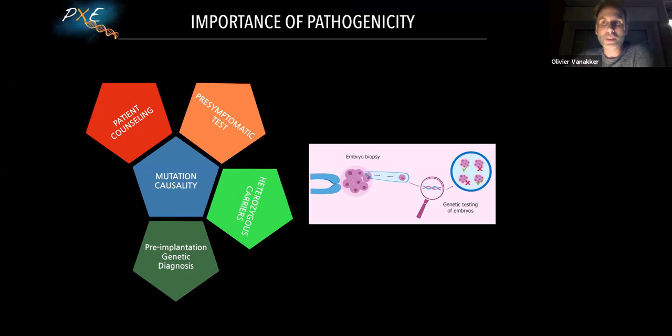We have already done this, but again, we will only select embryos if we are absolutely sure that the genetic defect is really disease causing. If there is any question about causality, we will not step into this procedure. So for a class 3 variant of unknown significance, this cannot be done.